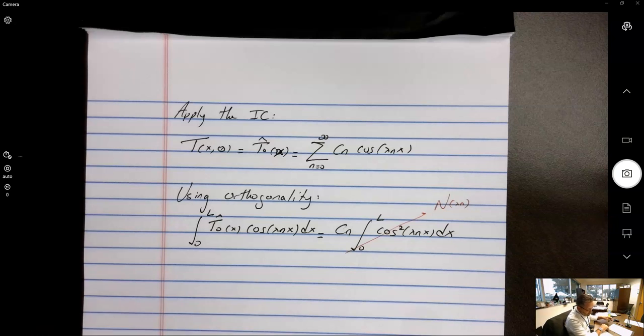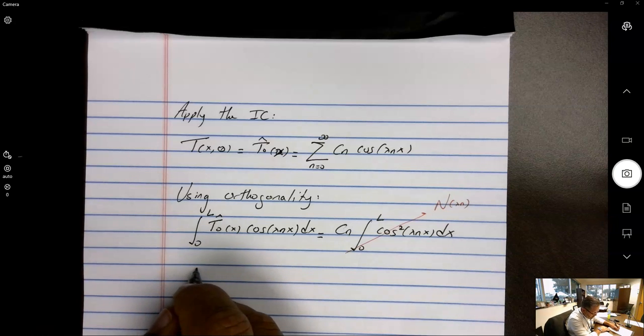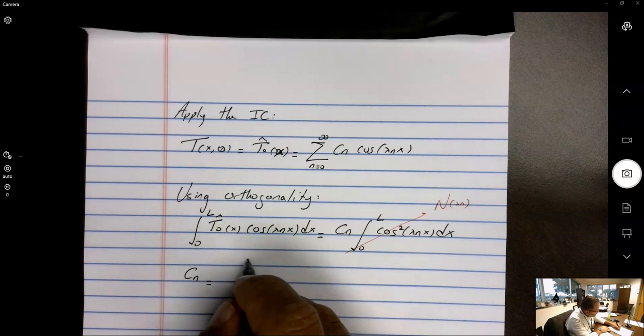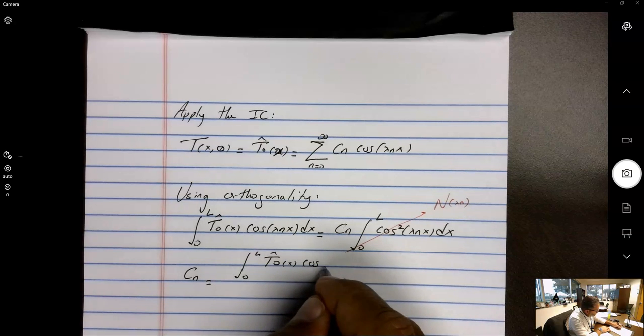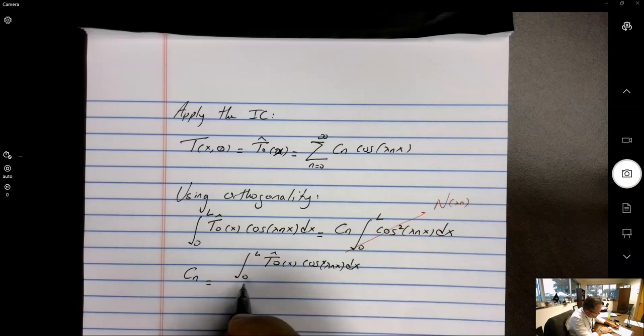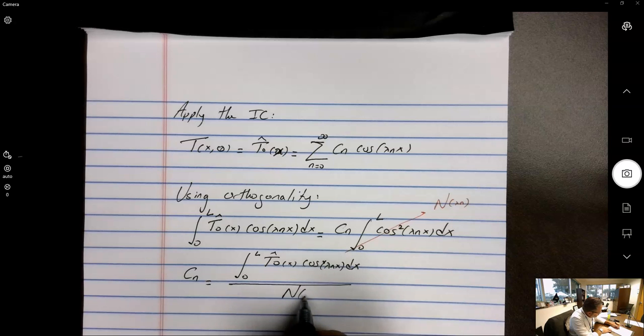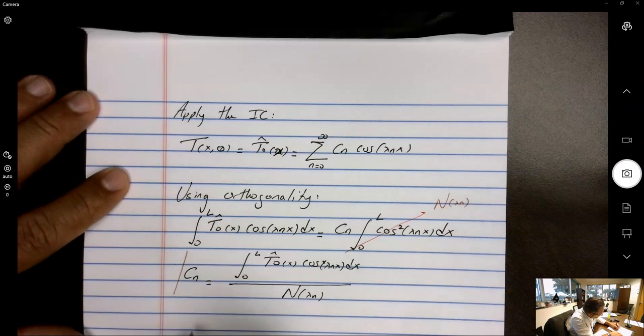So Cn will be related to the inverse of the norm. So Cn will be the integral from 0 to L of T0 cosine of lambda n x dx, and all of these divided by the norm of lambda n. And I'm going to frame this.